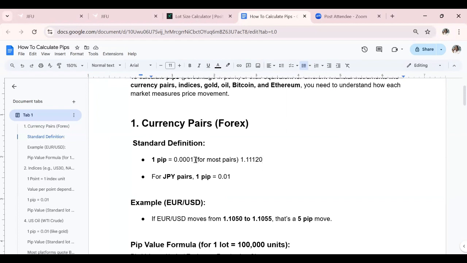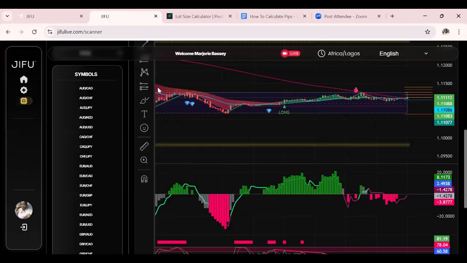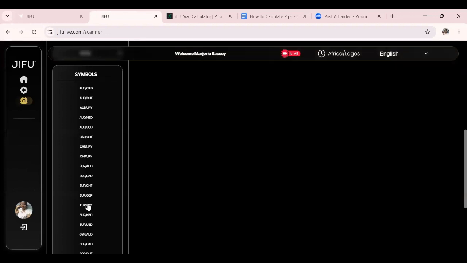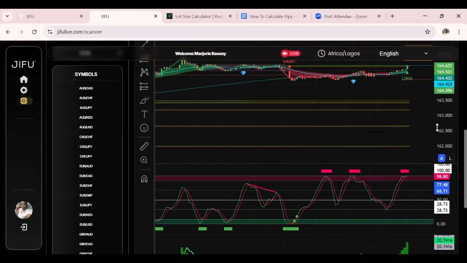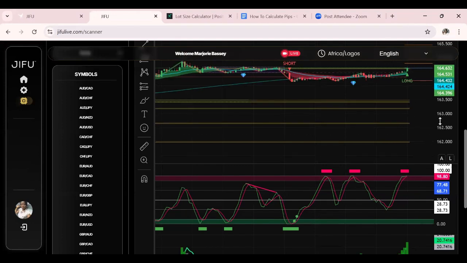So that's actually the standard. You always have four decimal places: 1, 2, 3, 4. So this last one can actually be negated. You can say it's 1.1111. But if you look at something like Euro JPY, or any of the JPY pairs, they always come in with 2 decimal places.